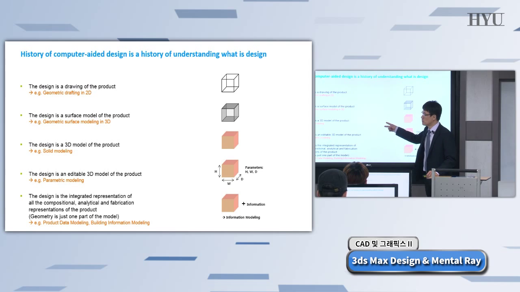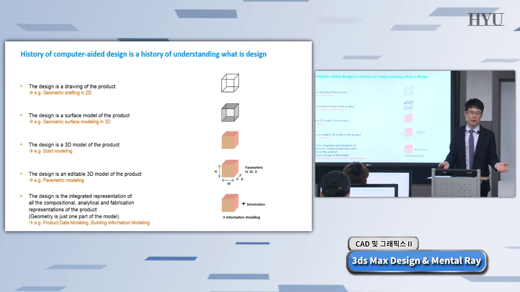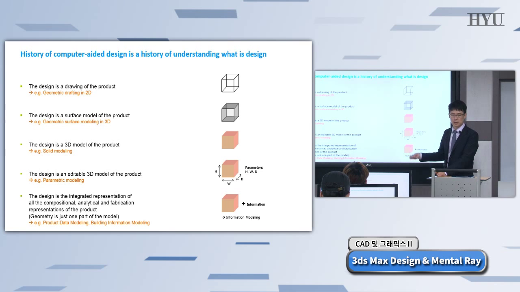Next phase, solid model. Take a look at our real environment. There is no surface. Surface means it has zero thickness, okay? No thickness. But in reality, there is no such object. Every single tiny, thin object has its own material, its thickness, and solid fill.